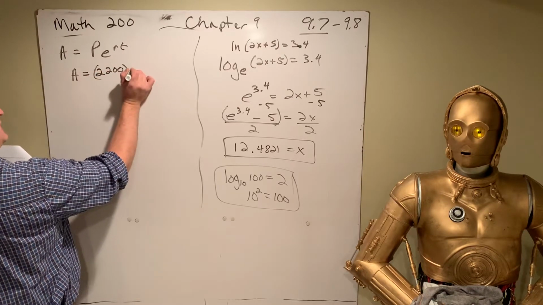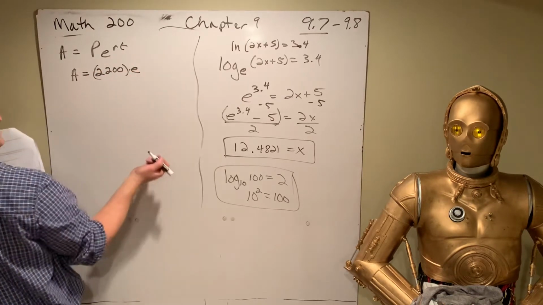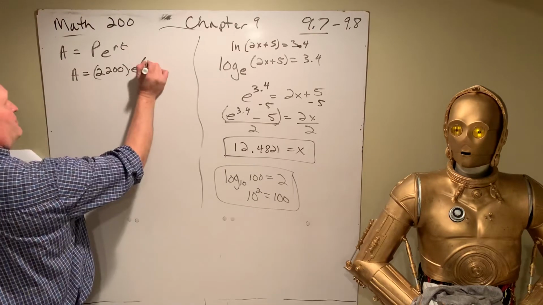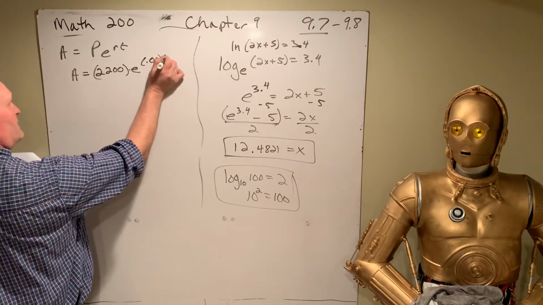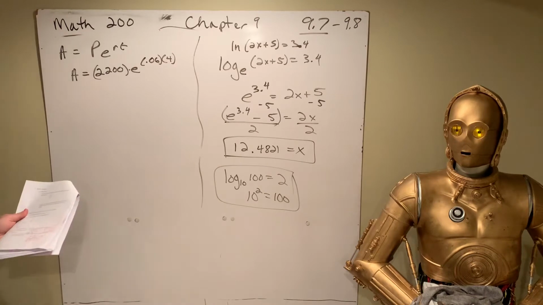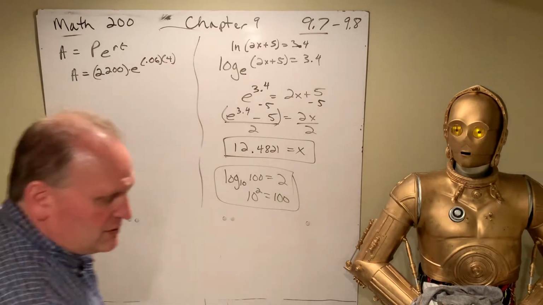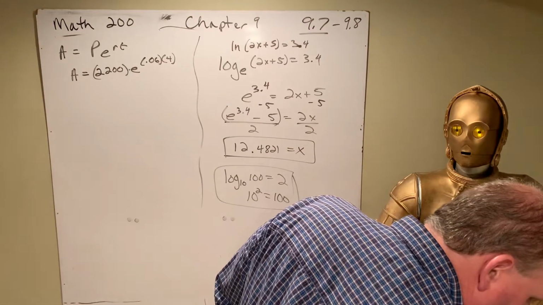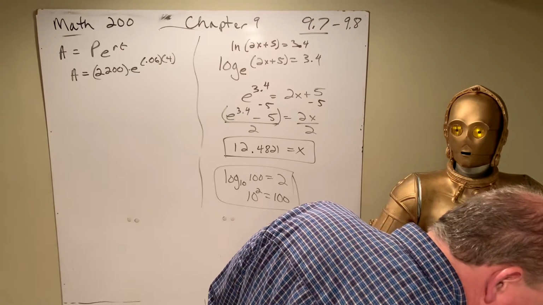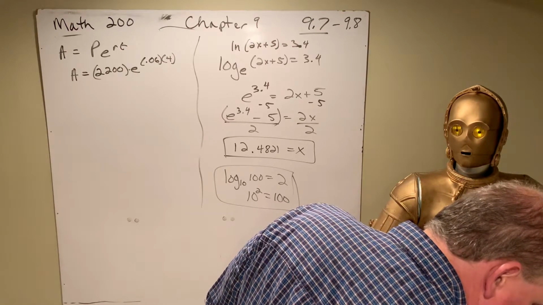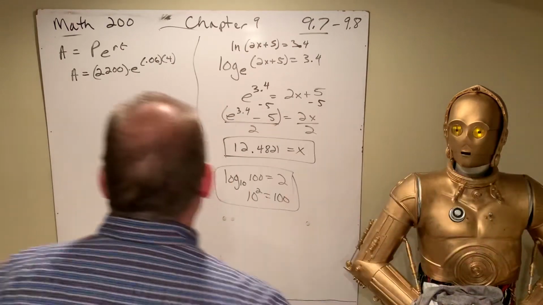So that is 2,200 times E, which is just E on your calculator, to the 0.06 times 4 power. If you're clicking this into your calculator, do the 0.06 times 4 first. Trust me on that. That's 0.24.